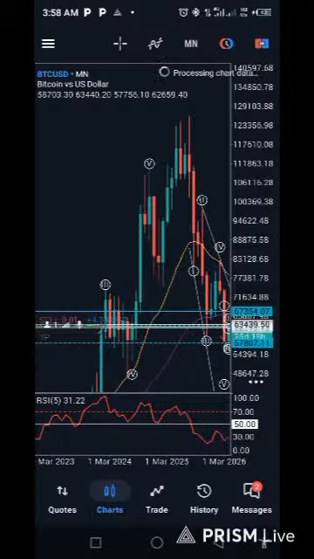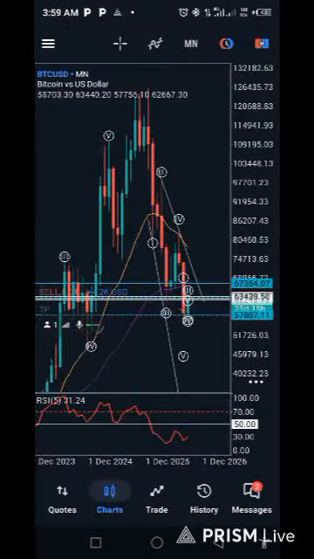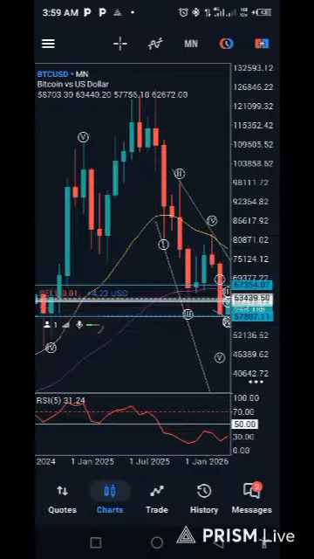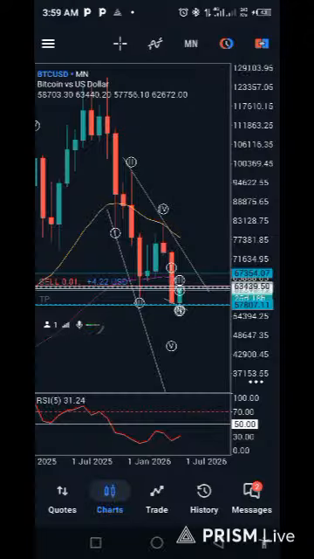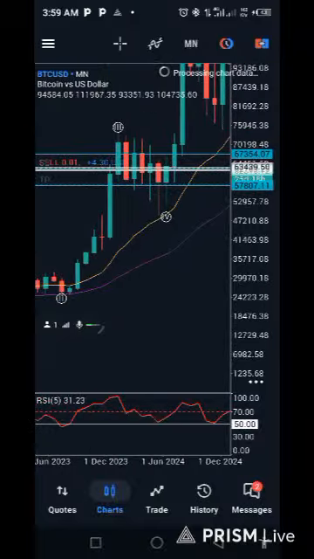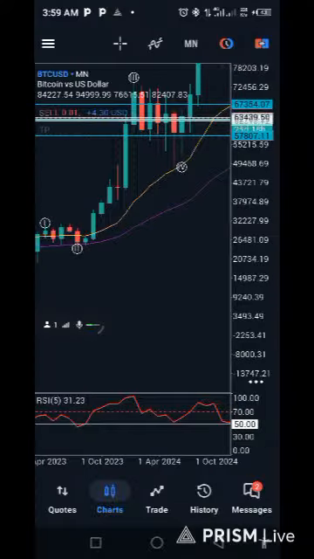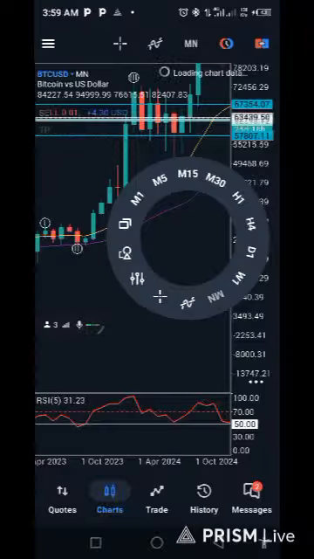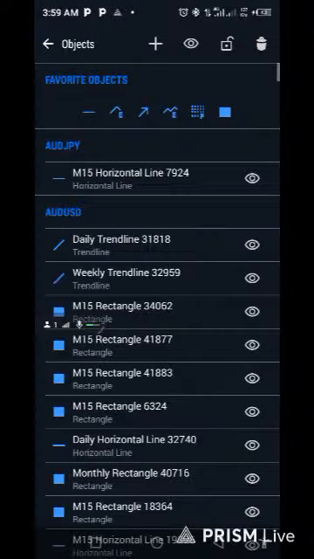Then this ABC that has been forming, this is A, this is B, and this is C, is the one that's going to form. Bitcoin is going to fall because there are other blocks at the bottom that have not been mitigated. Let me show you one.